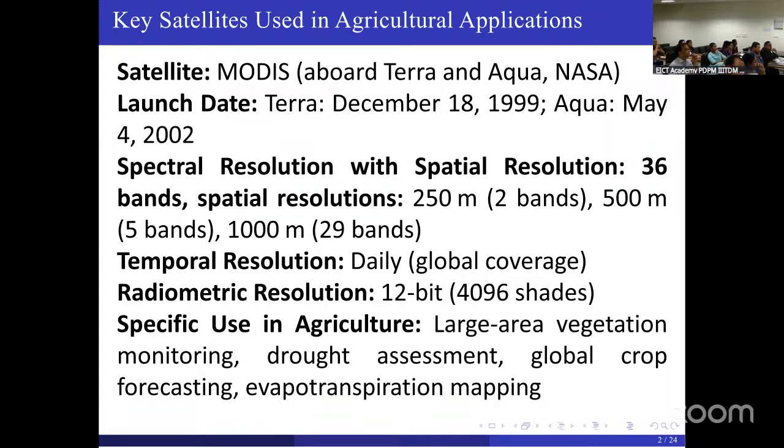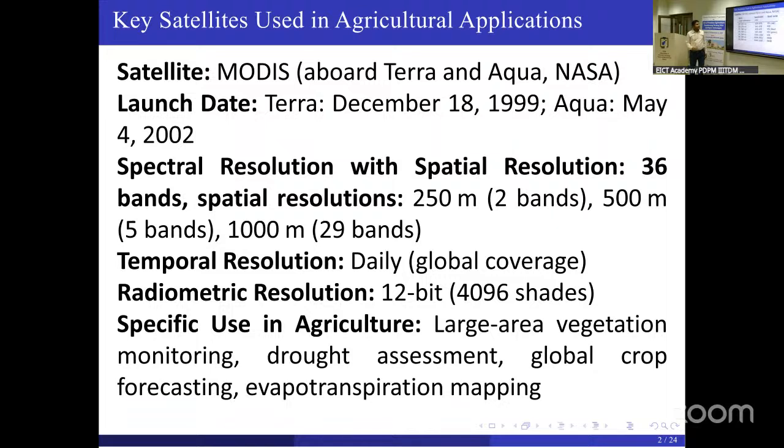If we are talking about yield estimation for India, then we have to go with this type of satellite, because with Sentinel it is very difficult. If we download Sentinel-2 data, it will take too much time to download and then process, so the season may end. That is the main reason we have to go with the large scale satellite.